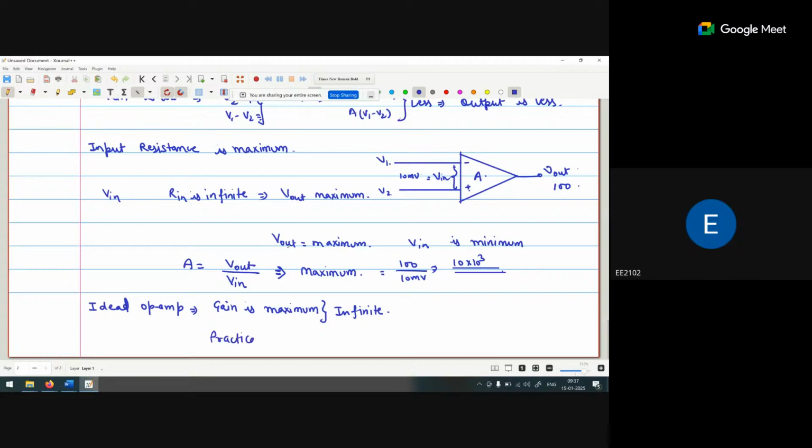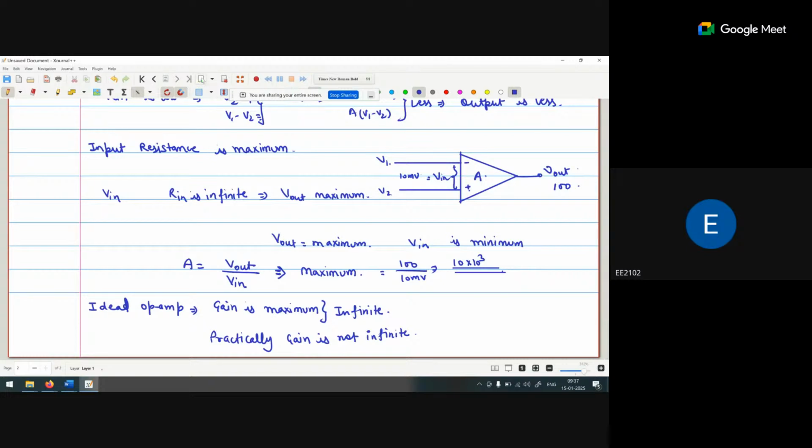But practically, gain is not infinite. It is some finite value, maybe 100, maybe 1000.